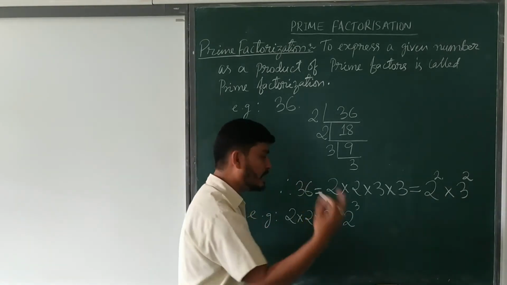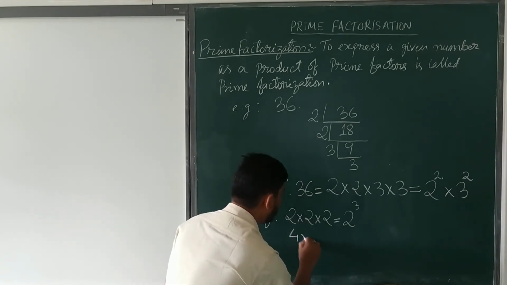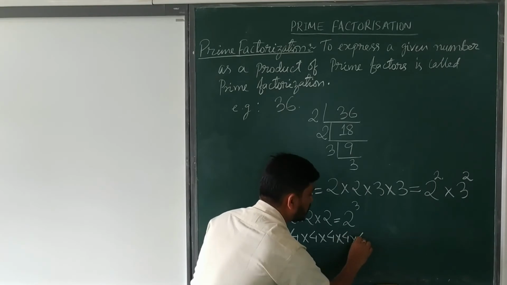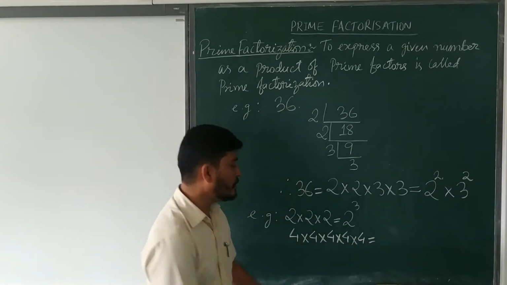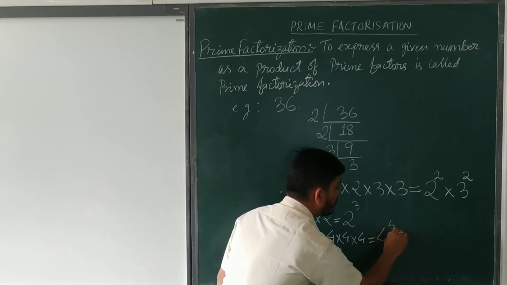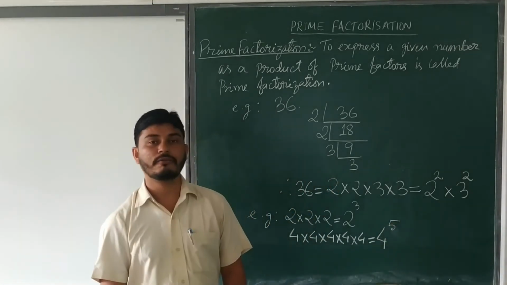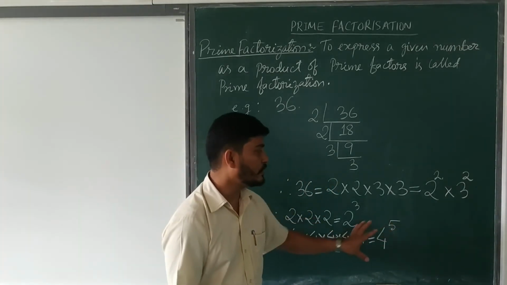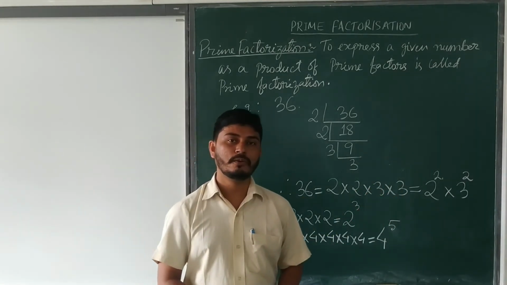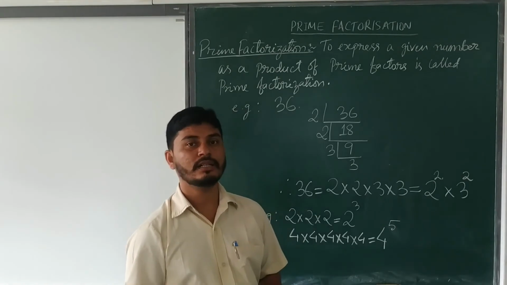And if any other number, say 4, is multiplying 5 times, then it will be written as 4 raised to the power 5. This is the concept of power, which will be very much useful when we do HCF and LCM.